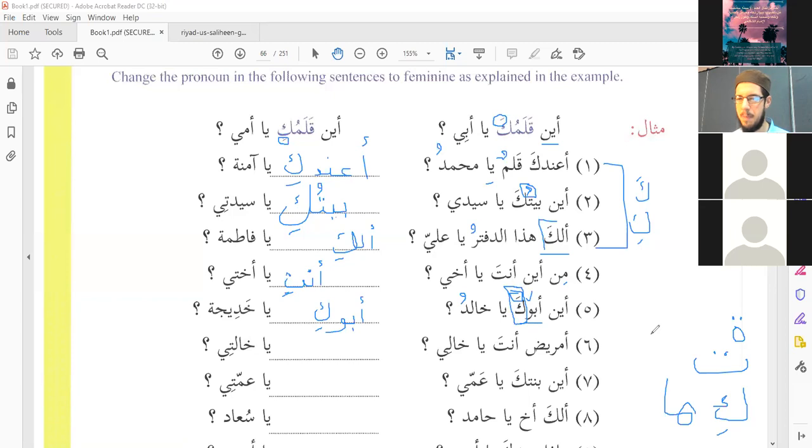It's not fixed. Depends on who the person is. Right. As far as grammatical case, it's fixed. It's mabni, even if it's going to change due to who the pronoun is referring to. It's fixed in the sense that it's not going to change based off of the grammatical case, whether it's marfu' or mansub or majroor.